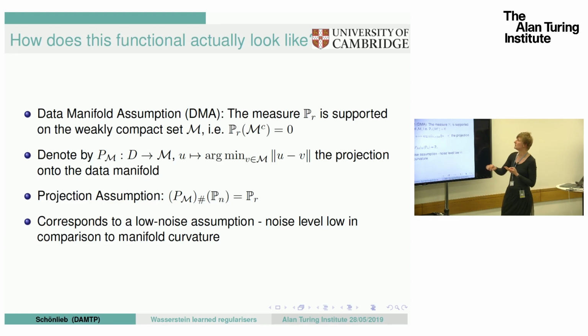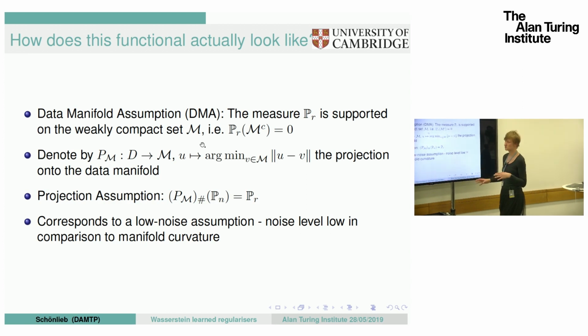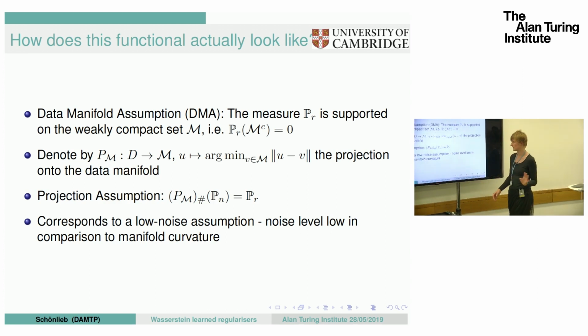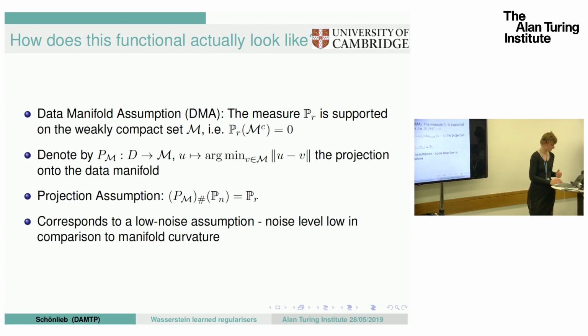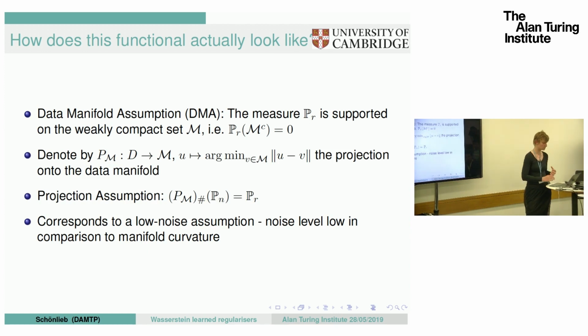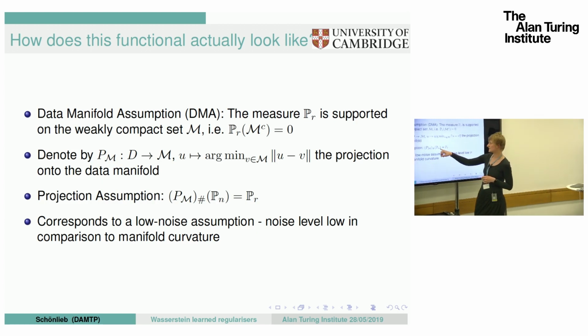First of all, the distribution of ground truth images is supported on this weakly compact set M. So I'm somehow saying my PR is not behaving totally crazily, so it makes some sense to learn something for this overall distribution PR.